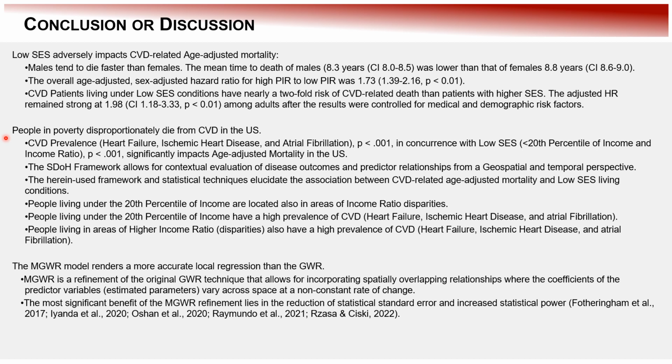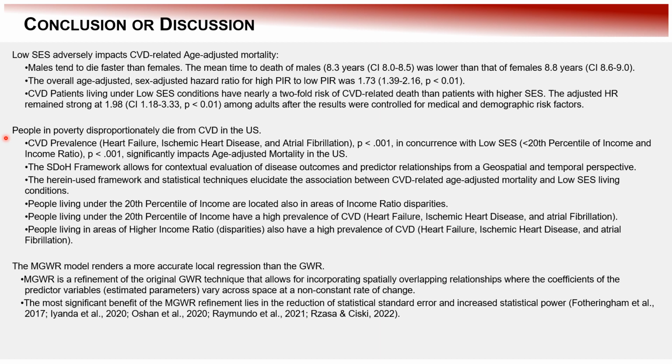Lastly, the multi-scale geographically weighted regression model renders a more accurate and local regression than the geographically weighted regression, in accordance with the scientific literature.